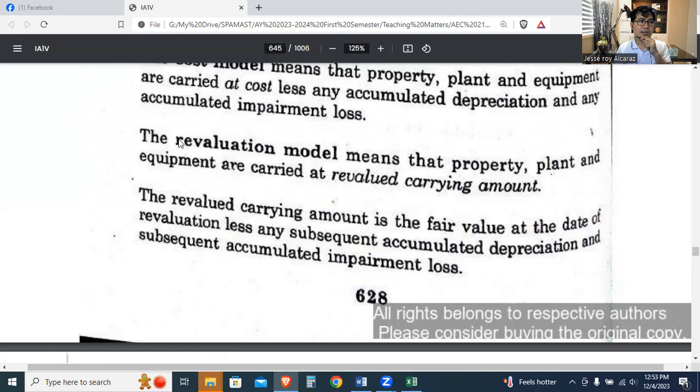So let's say, ang carrying cost niya is 300,000 na lang. Tapos moingon sila nga, this particular machine, even if it already has a 300,000 carrying cost, this can still be valued at 500,000. So, i-carry over na to siya sa 500,000 on the date of the revaluation.